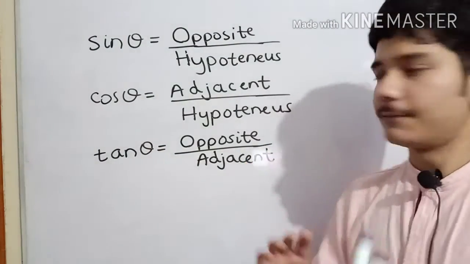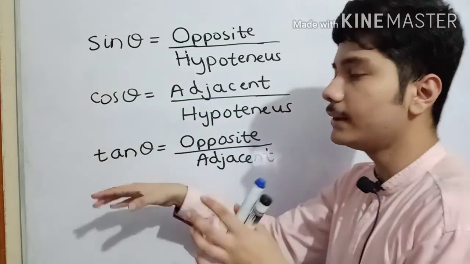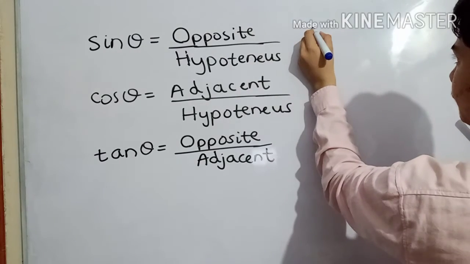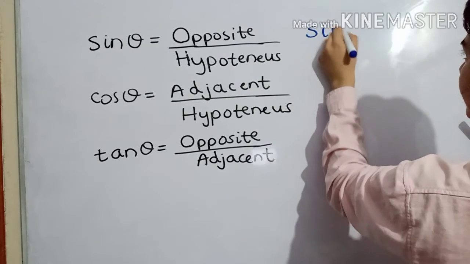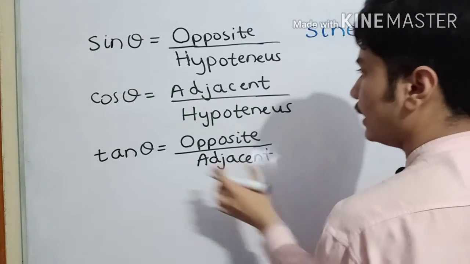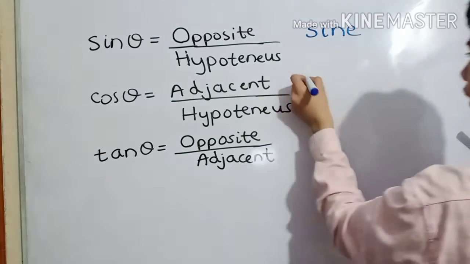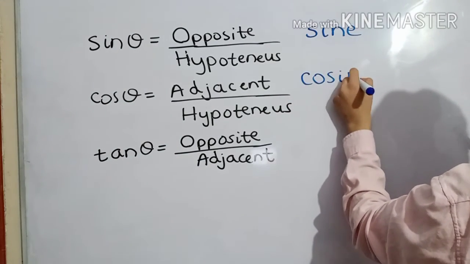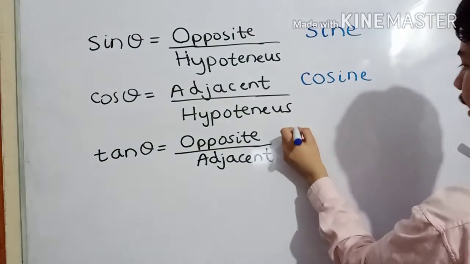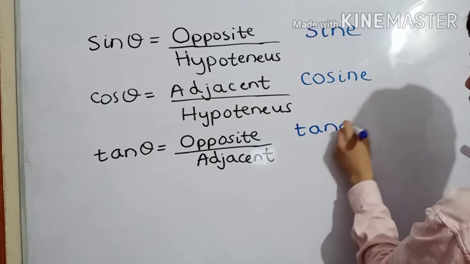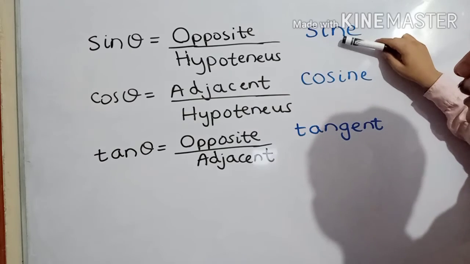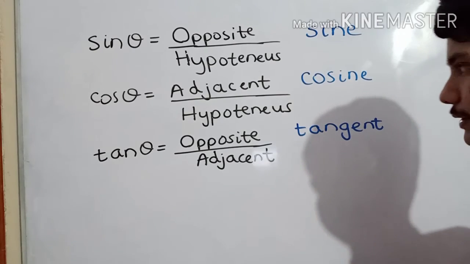Now what are the full names of these? Sin is written as sine, cos is written as cosine, and tan is written as tangent. So we have given them the names sine, cosine, and tangent.